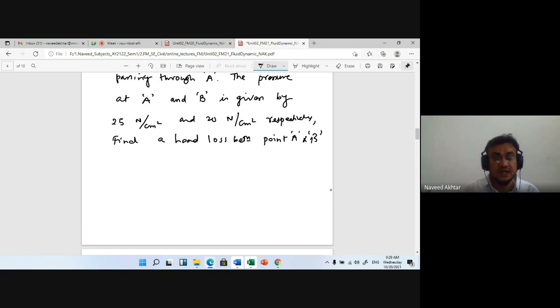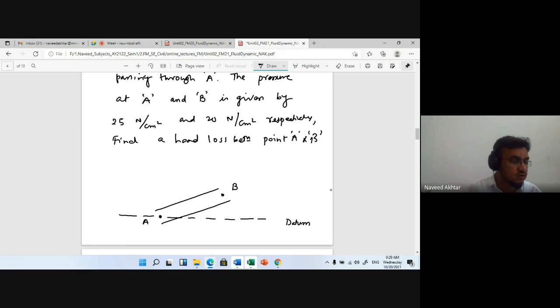the pipe is inclined. So what it is saying is that this is a pipe and this is your point A, this is your point B, and the datum is passing through A. This is the datum. So here you can say that ZA is equal to 0 because the datum is passing through A, and ZB is 1 meter above the datum.